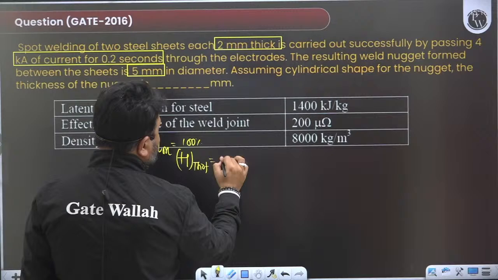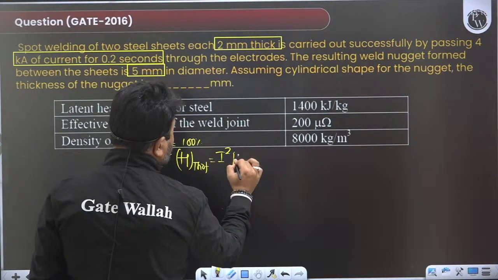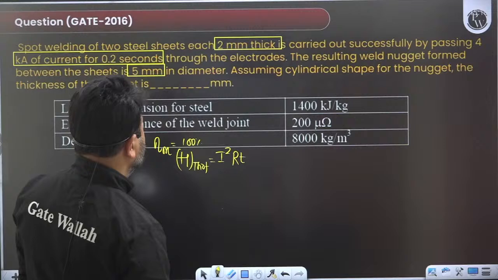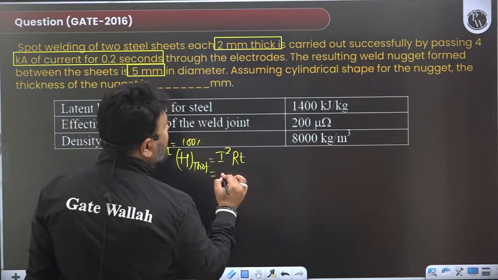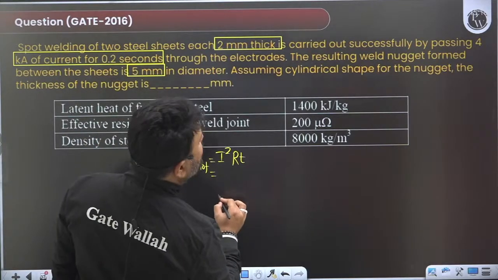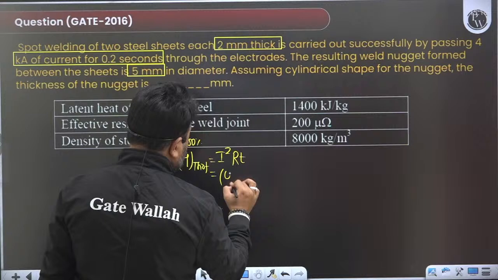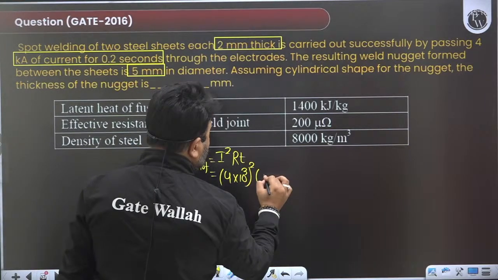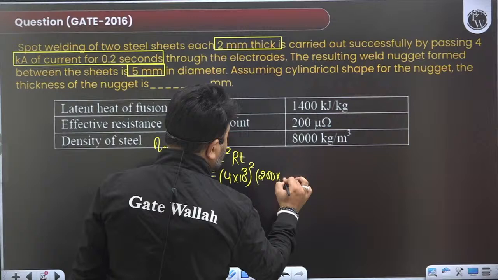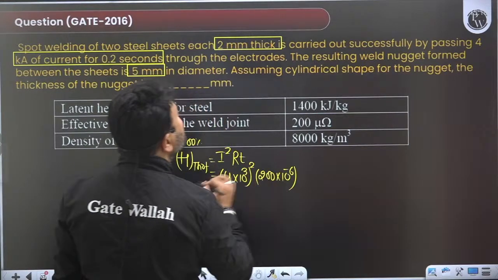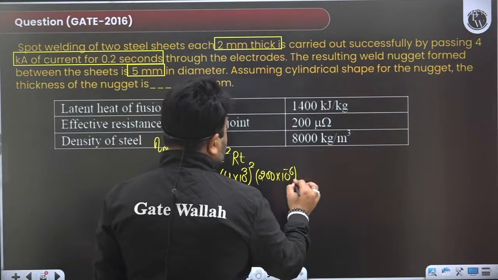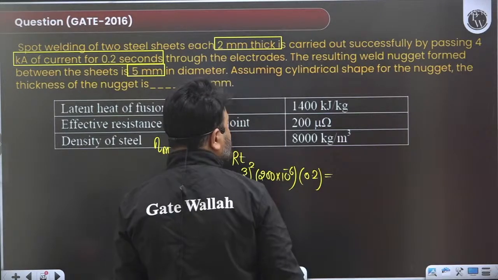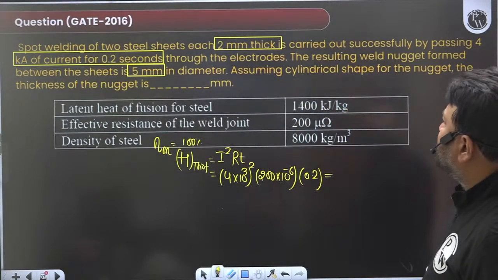will be I square RT, right? I is 4 kilo ampere, 4 × 10^3 squared. R is 200 × 10^-6, and time is 0.2, equal to the heat.